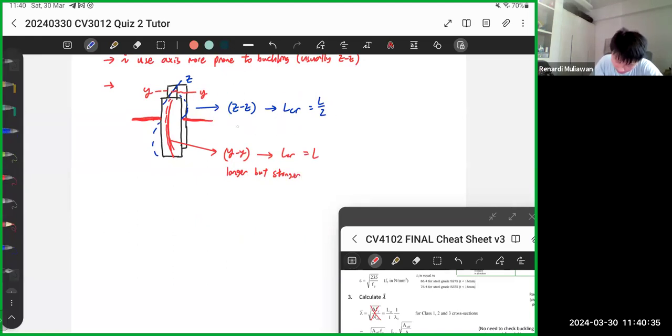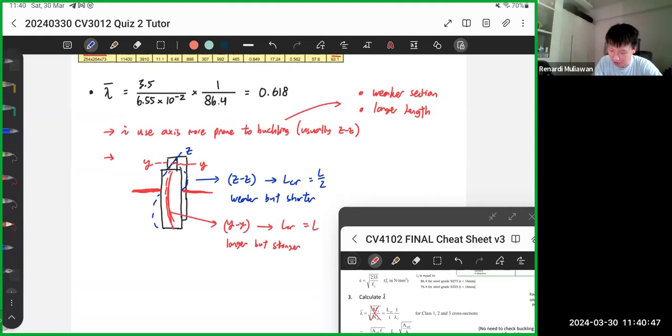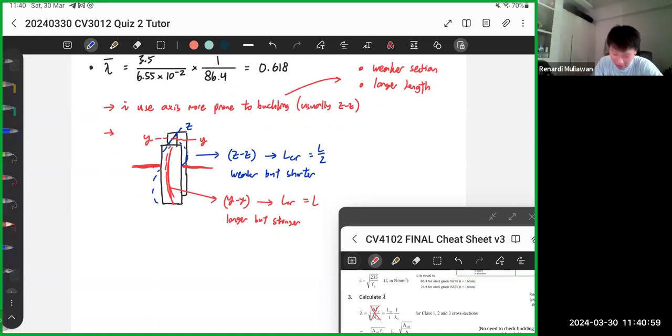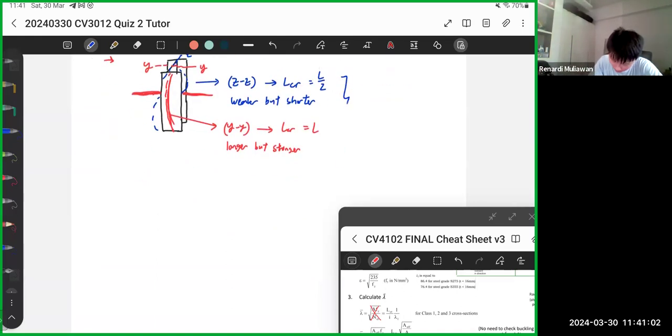This one is weaker, but shorter. So which one is more critical? The answer is we don't know. If the length is longer and it's a weaker section, then we know which one is weaker already. But in this case, if it's restrained in the ZZ direction, we don't know which one is weaker or stronger. So in this case, you must do two cases when you check for buckling, for actual buckling to be exact.